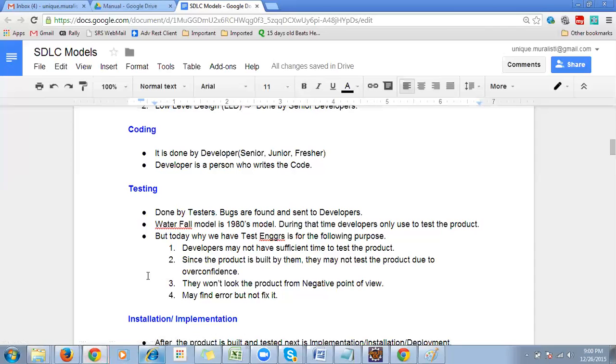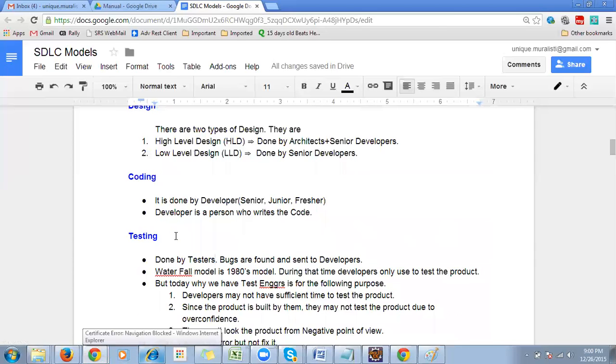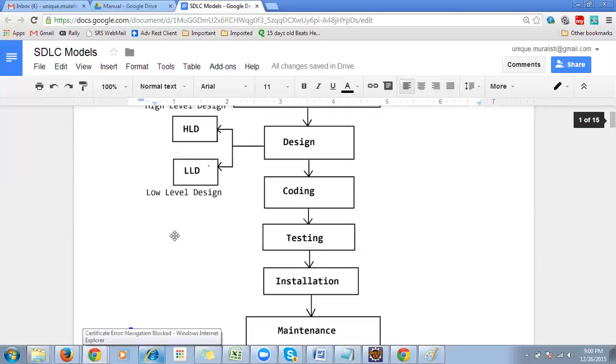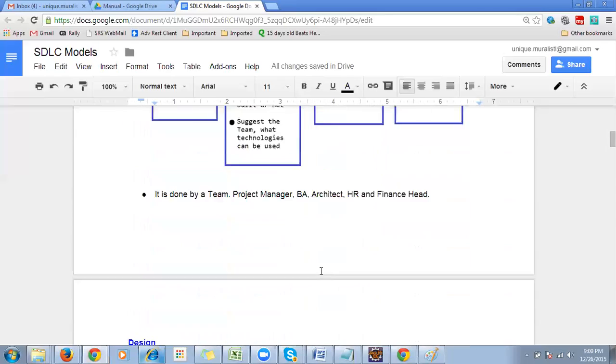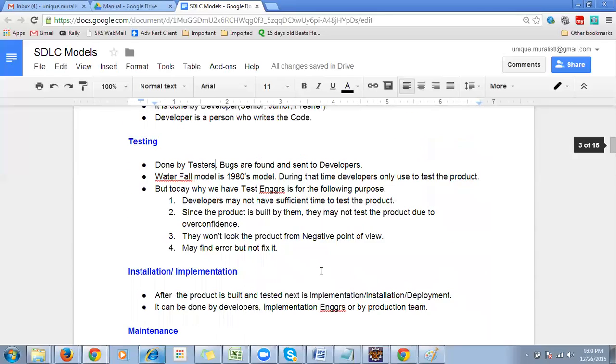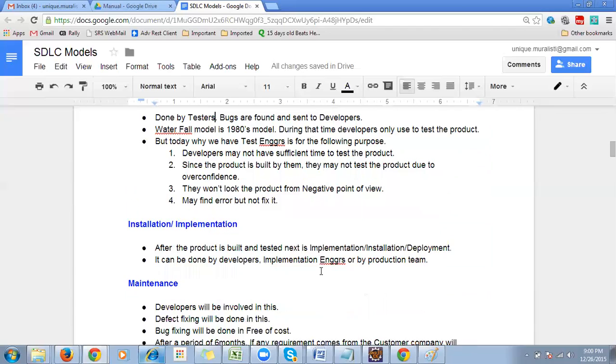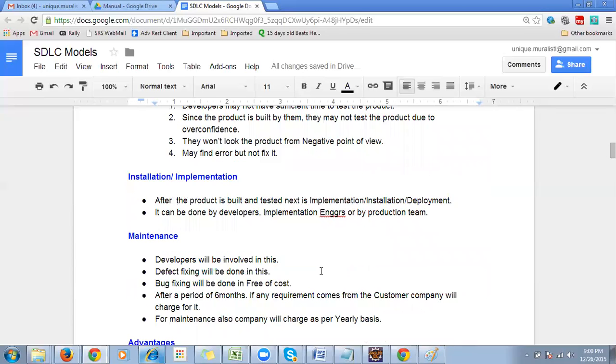After coding and testing, we have the installation. Installation is done by the installation team, also called the implementation team. The tester has tested the product and given a certificate that the product is certified and working fine.